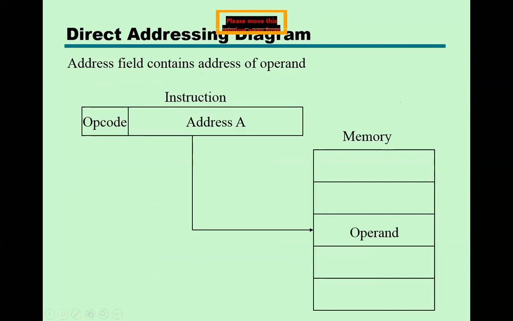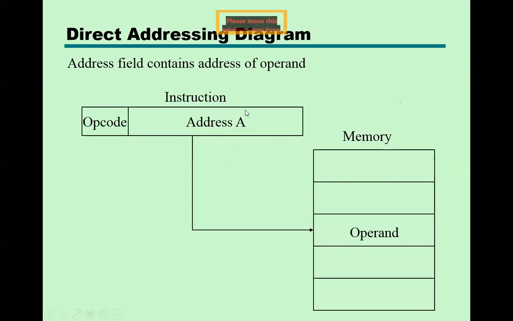As per the name, if you look at the diagram here, you can easily understand the concept of direct addressing. Here the address field will contain the address of the operand. In immediate addressing, instead of this address, there is a value, that is 5.